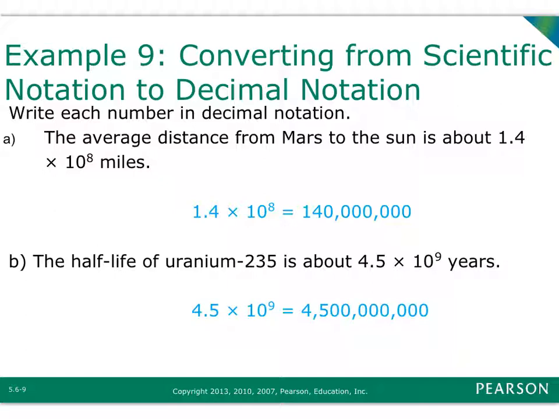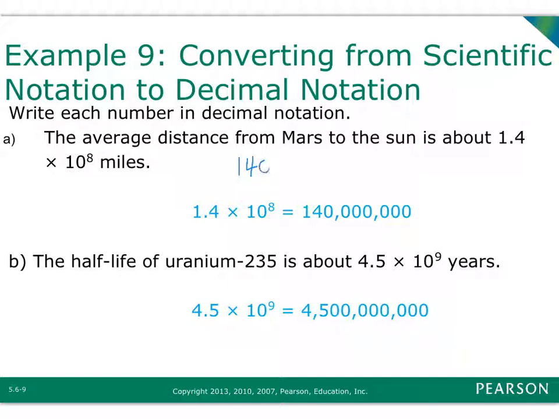So to change this, we see that we have the 8, and when we move the decimal over, we have how many zeros left. So we write down 1, 4, and because we moved the decimal over 1, we now have the power of 7.